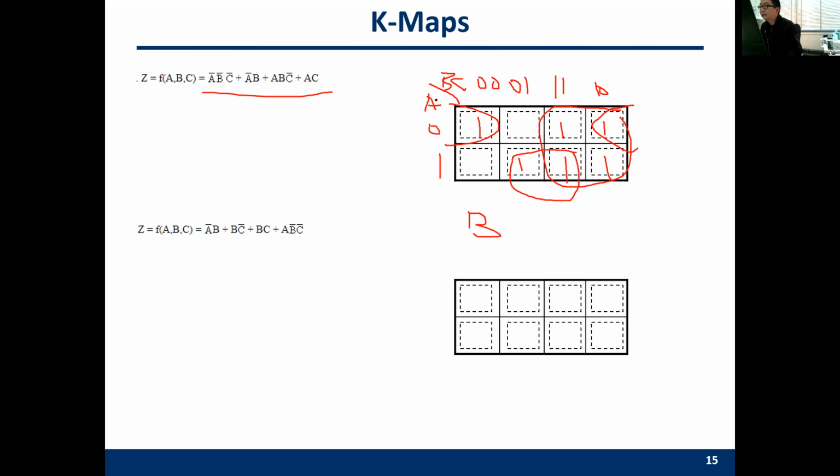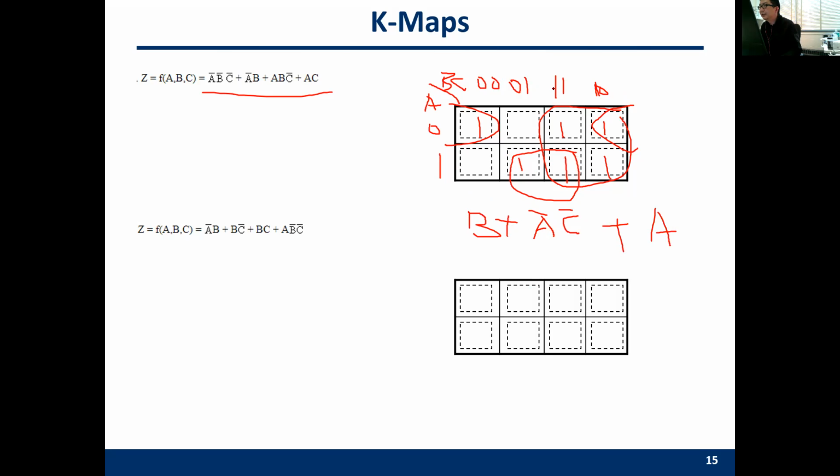For this one, A is 0, so I have A bar. And B can be 1 and B can be 0, so I have no B. And the C can only be 0, so I have a C bar here. And the last one is this one, this guy. For this guy, A is always 1.